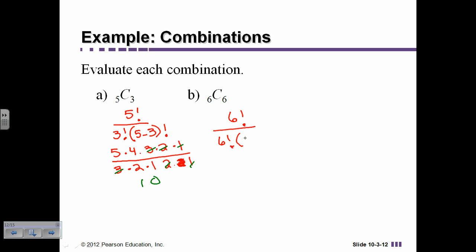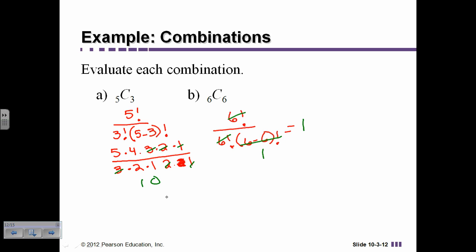And then we have 6 minus 6 factorial. And so if you notice what happens here, remembering again that 6 minus 6 is 0 and 0 factorial is 1, we end up with the 6 factorial and the 6 factorial canceling out, and we're left with one possibility.